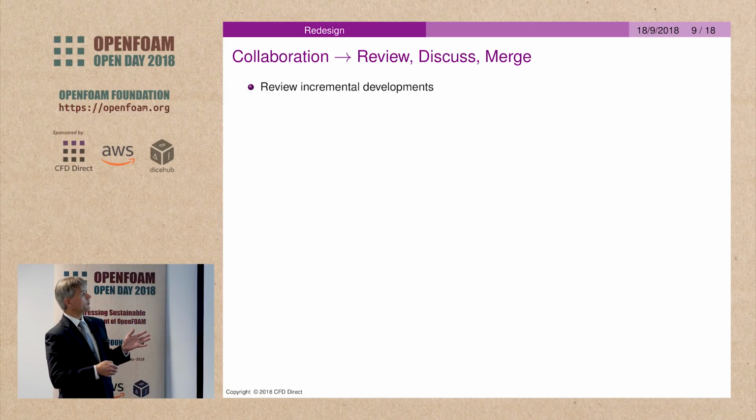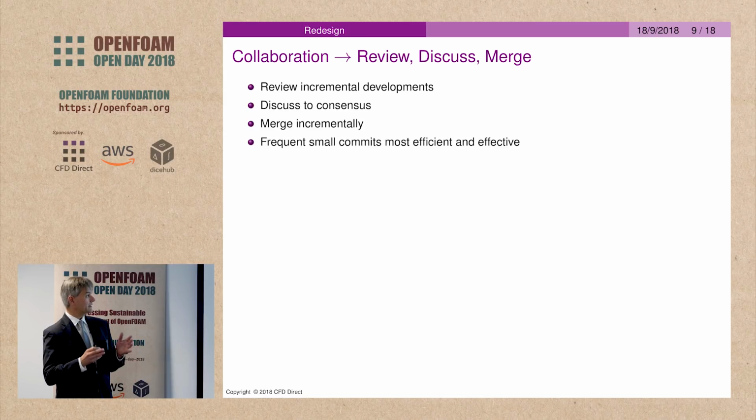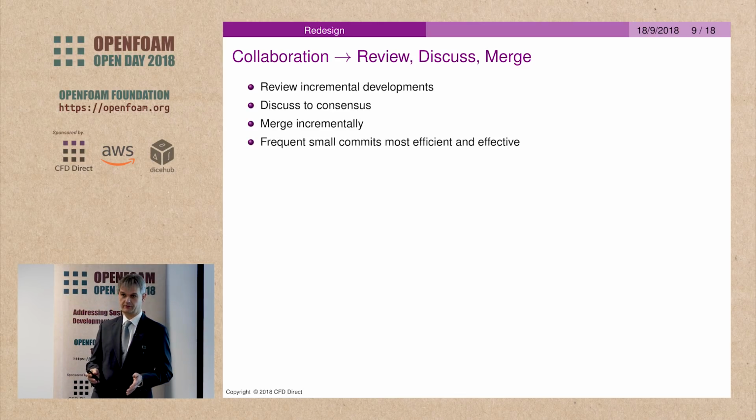So then developments are provided to us from the collaborators incrementally. We can review them, discuss them, and then we can merge them incrementally. This allows us to merge in frequent small commits. This is way more effective than trying to merge in single large developments and having to unpick them.